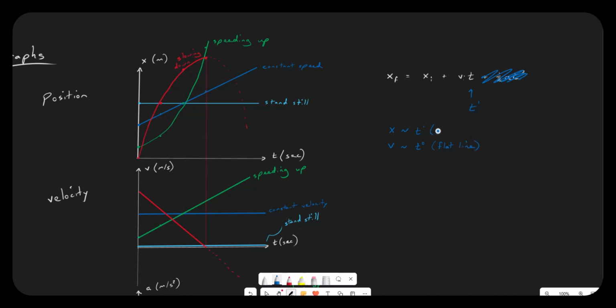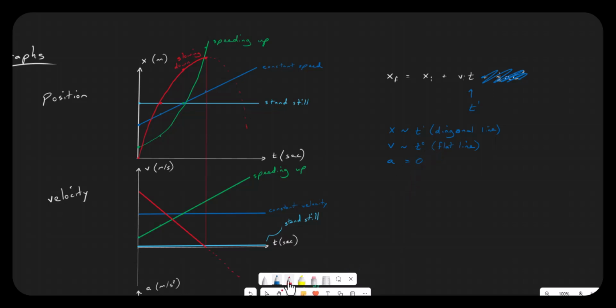T to the first power, that's a diagonal line. Diagonal line. And then my acceleration will equal 0. If the one above it's already t to the 0, then my acceleration will be 0.